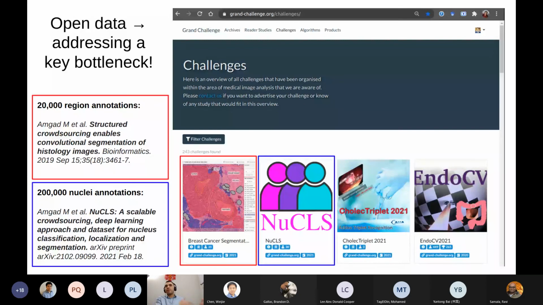They were generated by non-pathologists and then validated and corrected by pathologists. So a lot of the heavy lifting in terms of time commitment is done by non-pathologists, but to ensure quality, pathologists look over the work and make sure it's accurate. Later on, we took this to the higher magnification, the next level, and that's our current preprint, the work we call NuCLS.